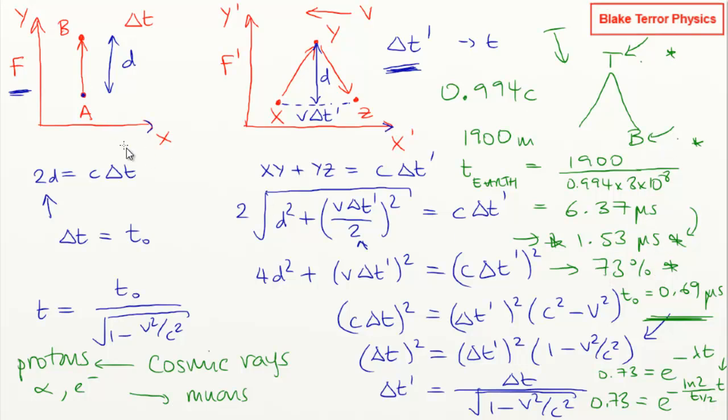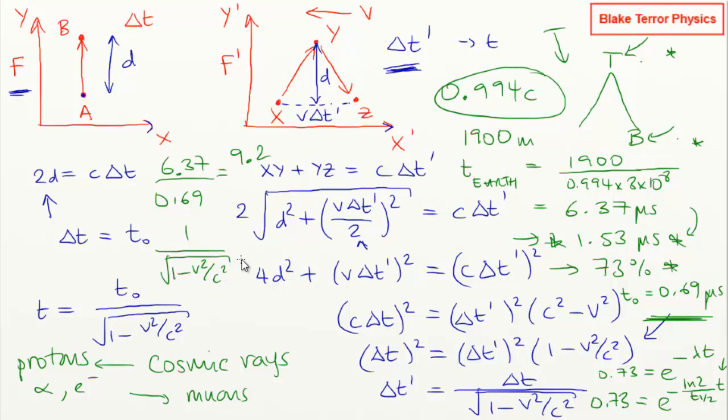Now, if you take the ratio of these and we take that 6.37 divided by the 0.69, we're getting about 9.2, something like that, as a ratio. If we then look at our Lorentz factor, our 1 over the square root of 1 minus v squared over c squared, and you put in that value for v, then we're getting about 9.1. So more or less the same value. I mean, if you were taking exact measurements on all of this, you would get exactly the same value.